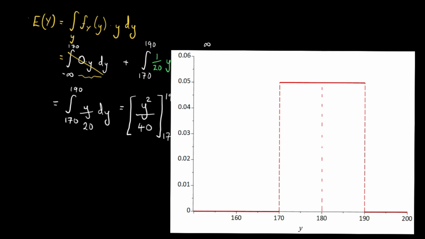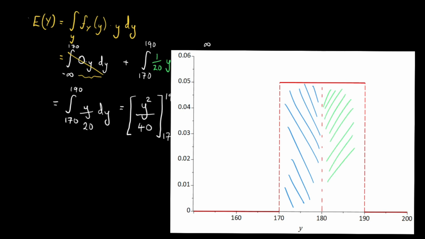The middle point of this uniform distribution, where you have 50% of the outcomes to the left and 50% of the outcomes to the right, lies right in the middle of the distribution, which for the uniform distribution will also be equal to the expected value.